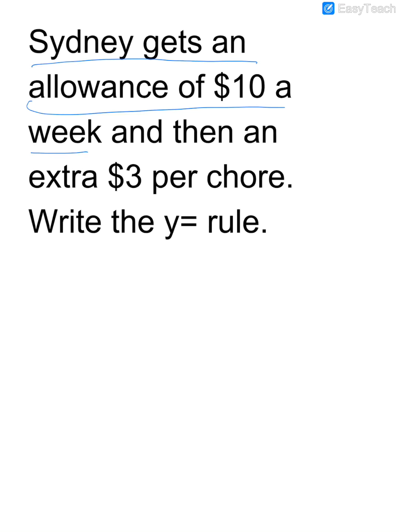So, let's start with this $10. So, we know, when we write this y equal rule, she's always going to get $10. So, that's our starting point. That's the lowest amount of money that she will get that week is $10. So if she does no chores, she still gets $10. Then she gets an extra $3 per chore. So that means every time she does a chore, she gets $3.